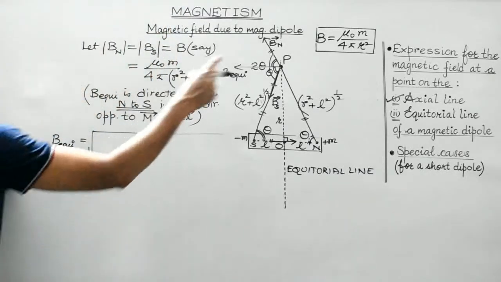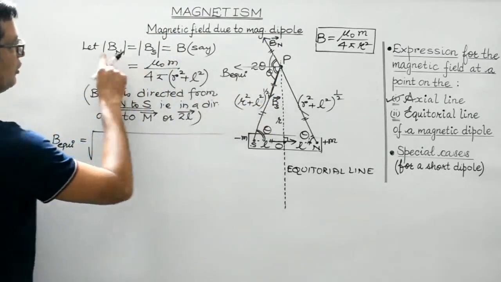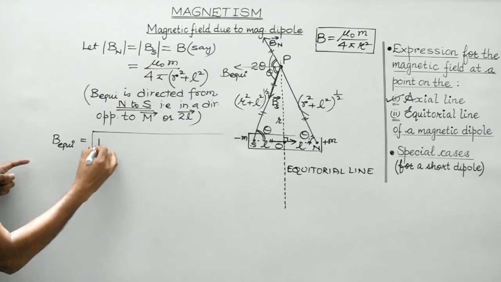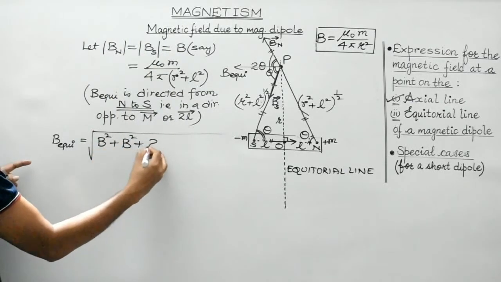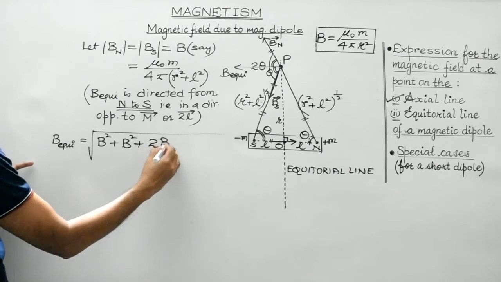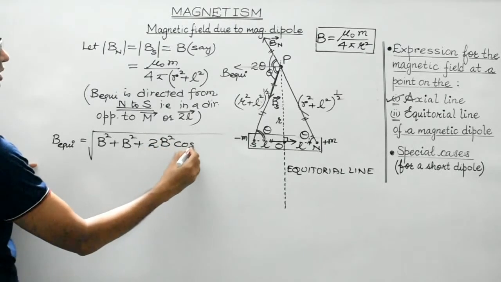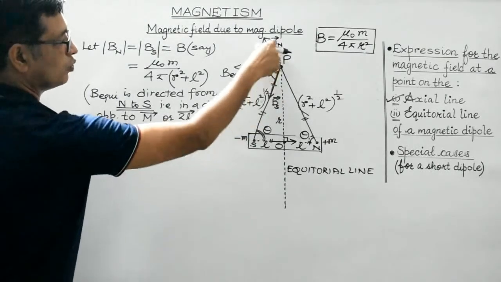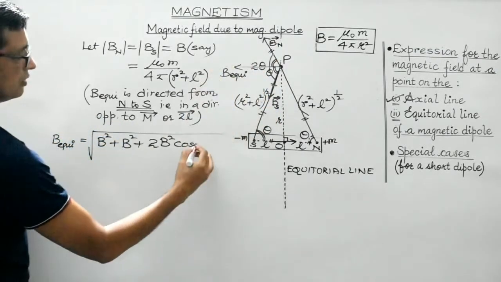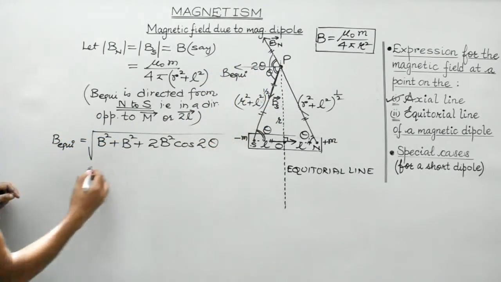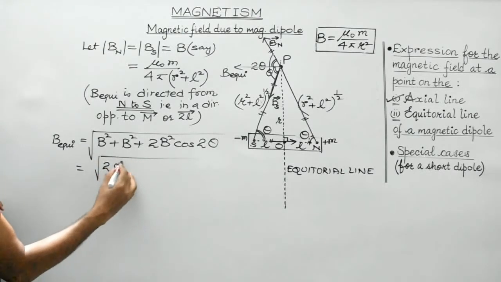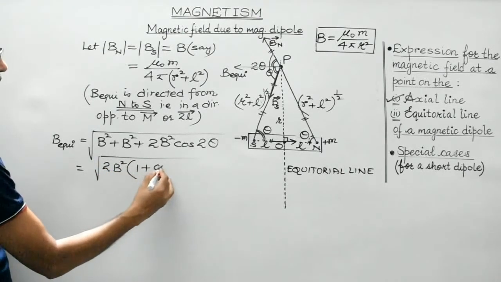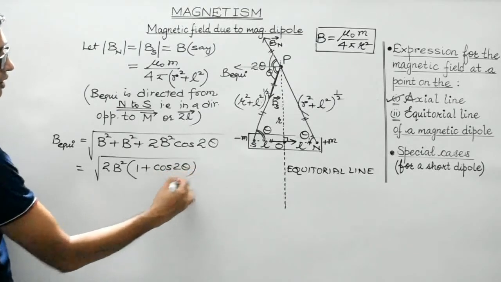So over here, both the vectors B and B_s each are of magnitude B. So it will be B square plus B square plus twice B times B, that will become B square, cosine of the angle between these two. What's the angle between these two? It's 2 theta. Right? So 2B square can be taken as common. So, it is 1 plus cos 2 theta.